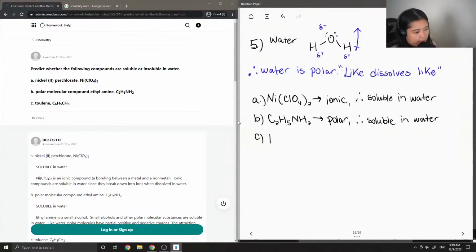And next we have toluene. Okay, so the structure of toluene is a benzene ring that has a methyl group sticking out.